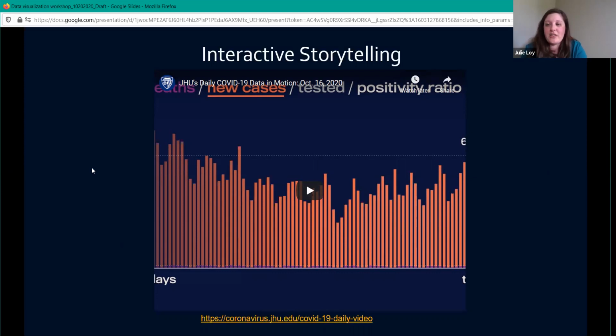It's taking various data sets and looking at all of them. It looks at new cases, tested, and positivity ratio. And Johns Hopkins is creating these visualizations every single day to show what's going on across the country and the world.